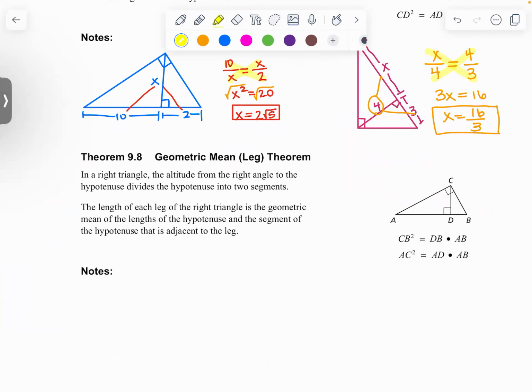There were 2 other proportions where we had the same thing diagonal from each other.